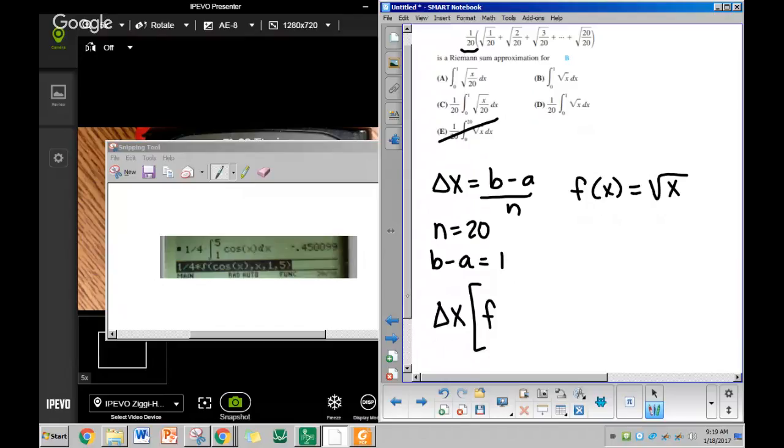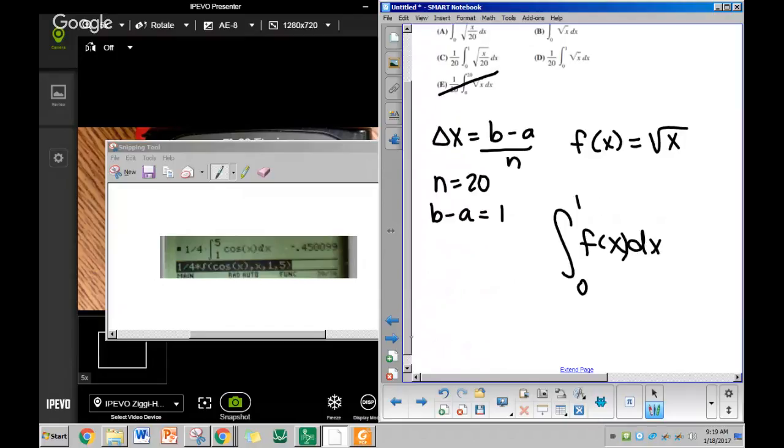So my integral I'm going to suggest to you is the integral from 0 to 1 of f of x dx. But what Patricia just said was f of x is root x dx.